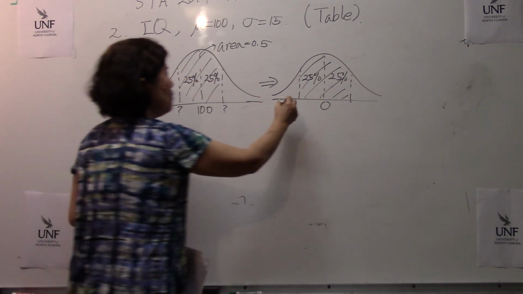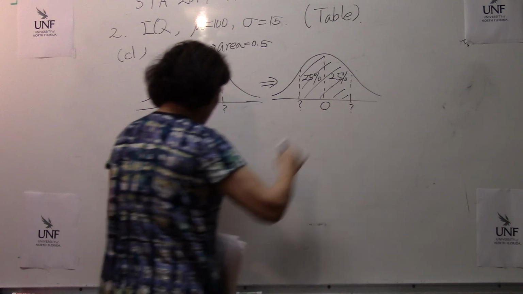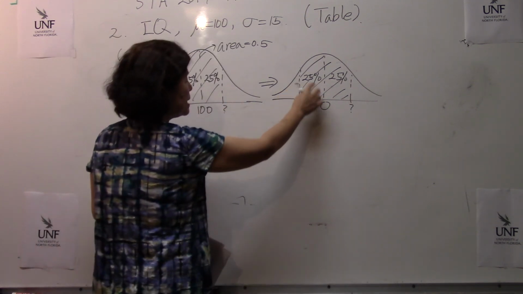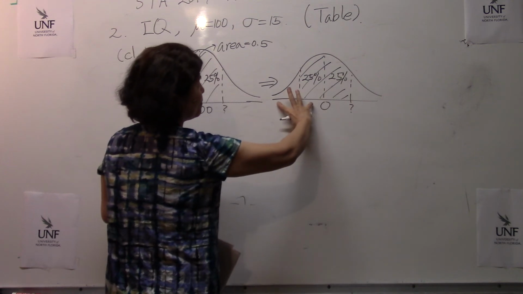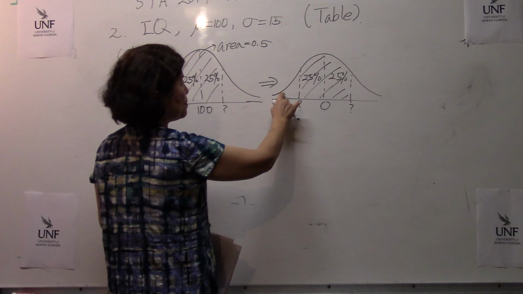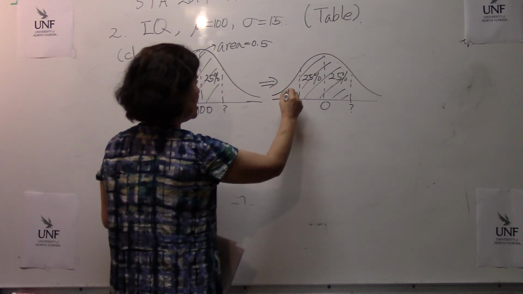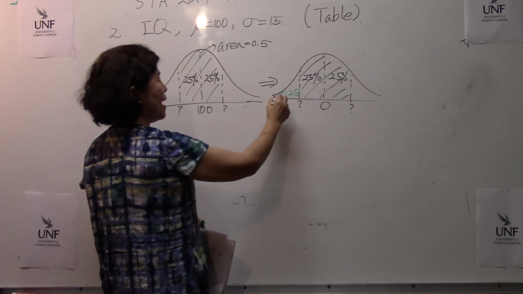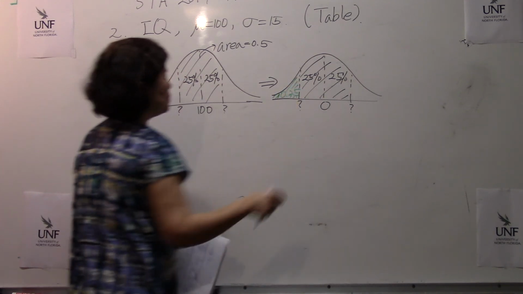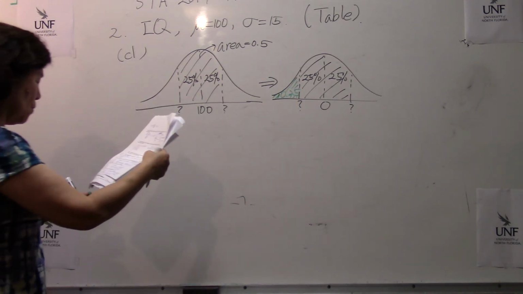Well, how are we going to compute this z-score? Well, we have to go backwards as before. So the left side is 50%, this is 25%, so another 25% is over here, so you can say the area is 0.25, correct? Okay? This area is 0.25, so you go from there.